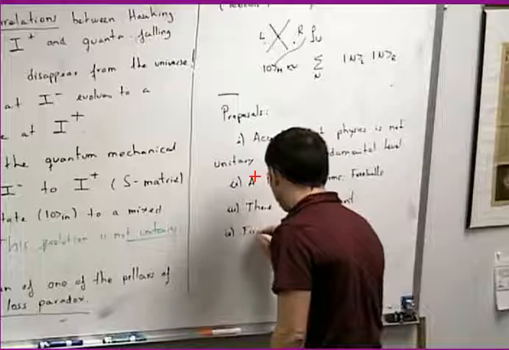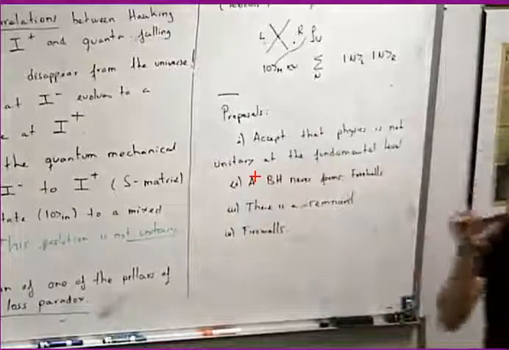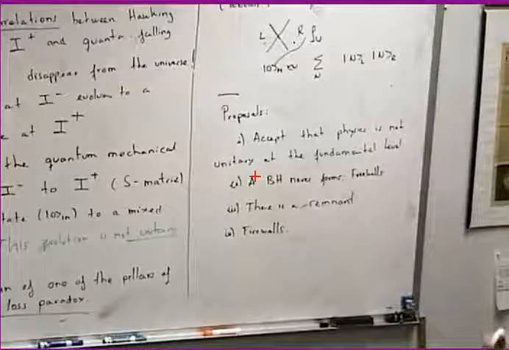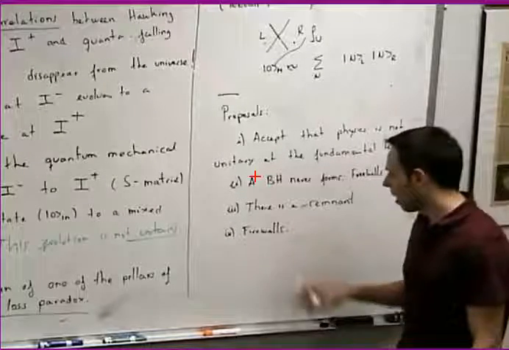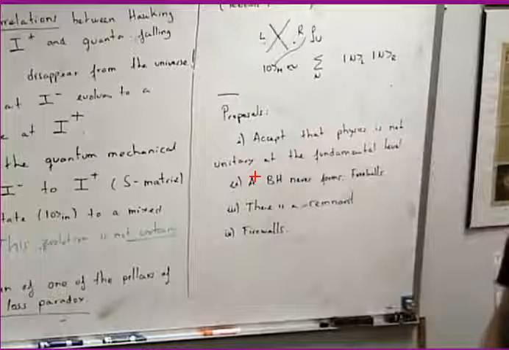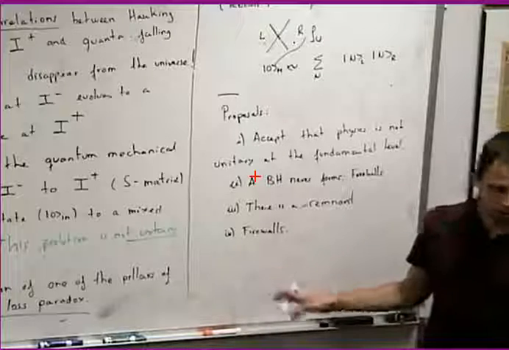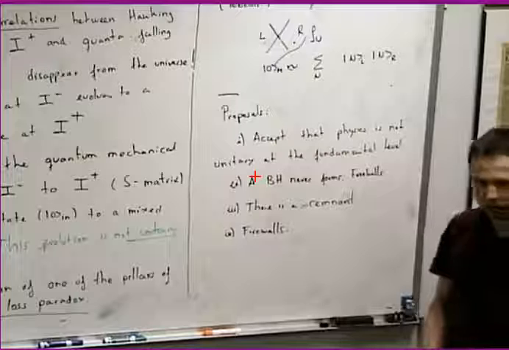Firewalls. This proposal has been quite popular in recent times, and initially the proponents were just trying to argue what one should do to recover unitarity. And then they found these extreme consequences that I will tell you in a minute what they are.